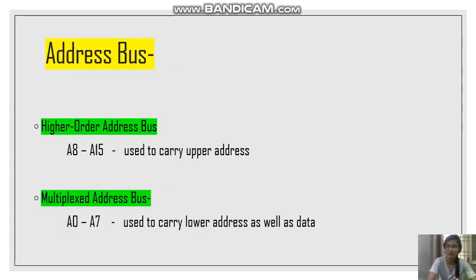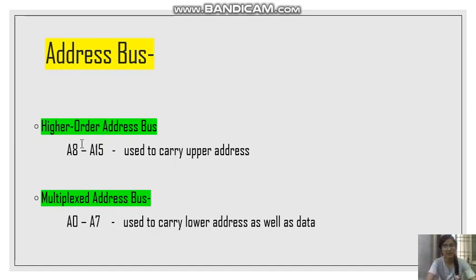In our microprocessor, that is the 8085, we have a total of 16 address lines. In other or advanced microprocessors, you have many more address lines, like 32. But since we are discussing the 8085, we have only 16 address lines here, out of which 8 are higher order address lines, and the rest 8 are multiplexed address lines.